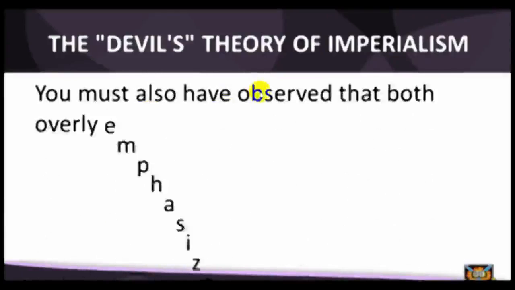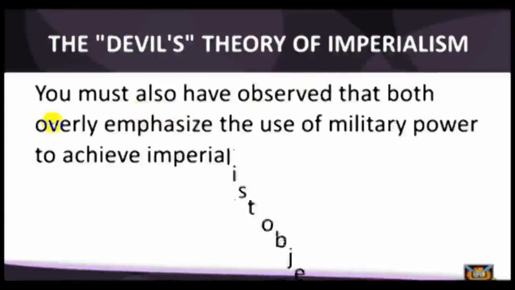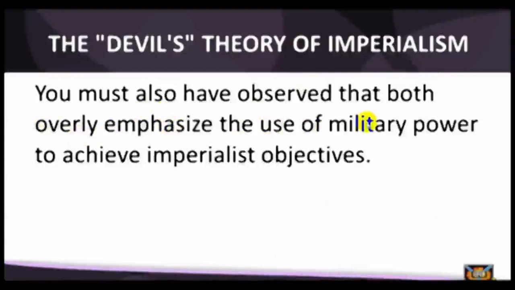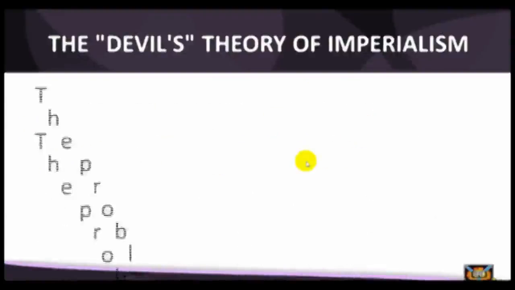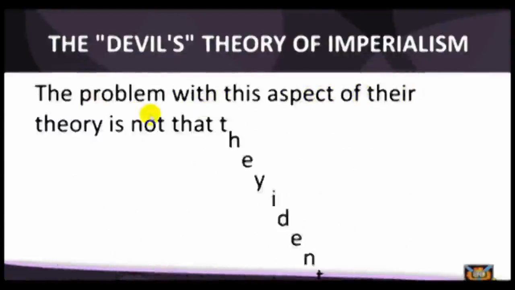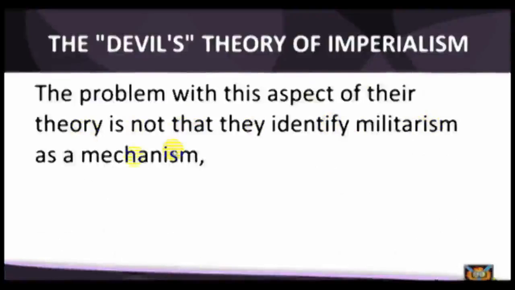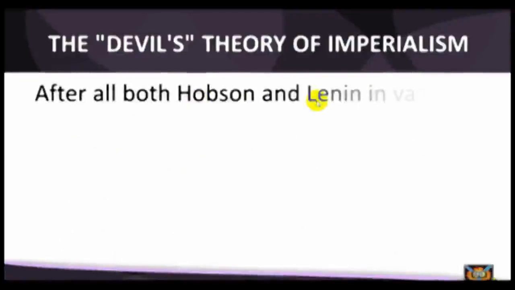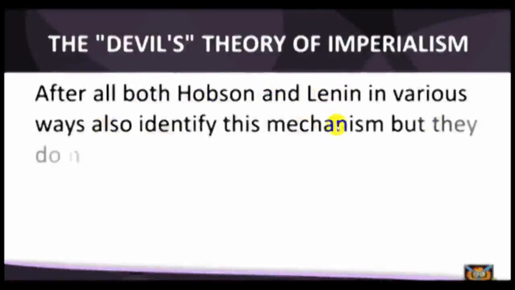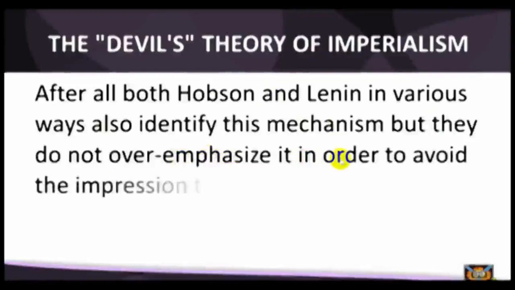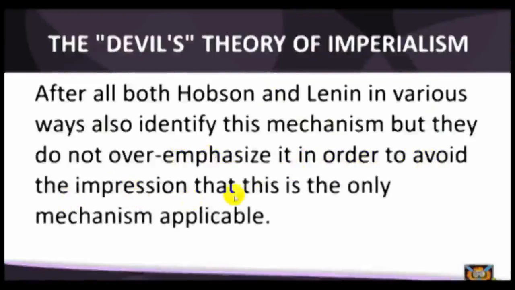You must also have observed that both overly emphasize the use of military power to achieve imperialist objectives. The problem with this aspect of the theories is not that they identify militarism as a mechanism. After all, both Hobson and Lenin in various ways also identify this mechanism, but they do not overemphasize it, in order to avoid the impression that this is the only mechanism applicable.